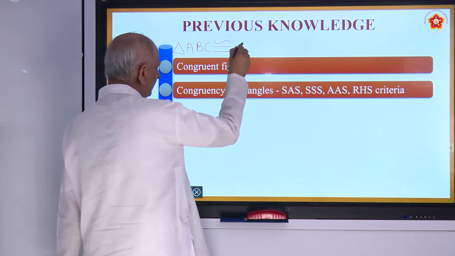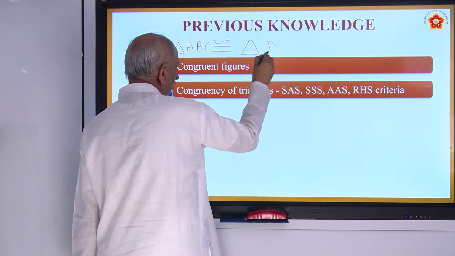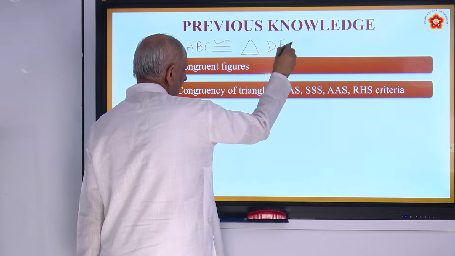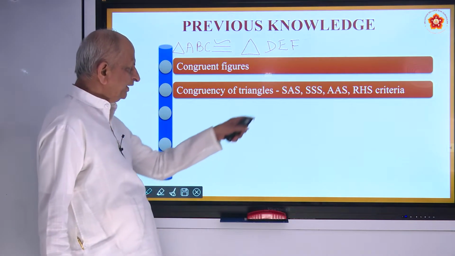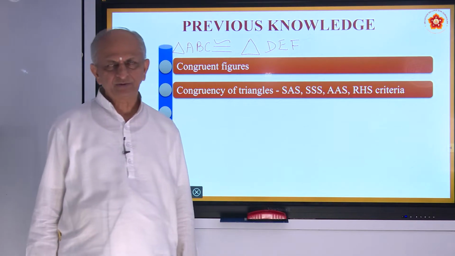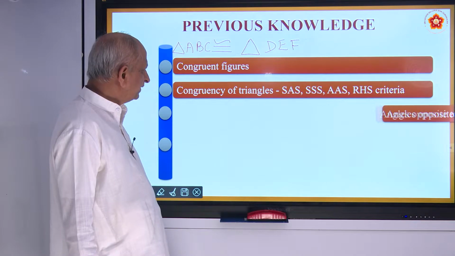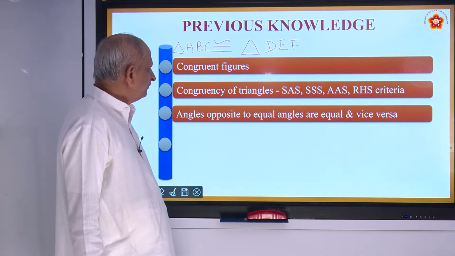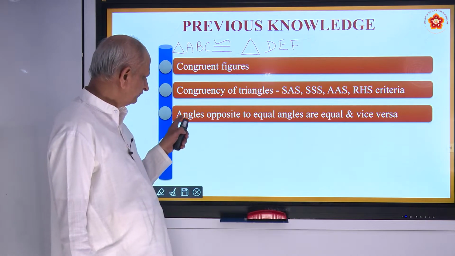One is, let us say, ABC. This is congruent to another triangle DEF, let us say. So under these four conditions, what you call criteria, the two triangles become congruent.